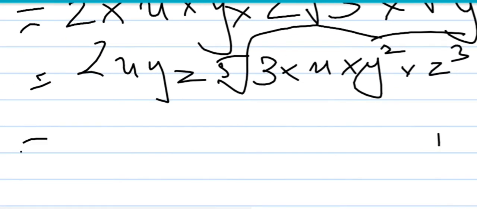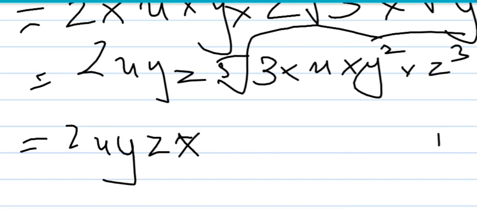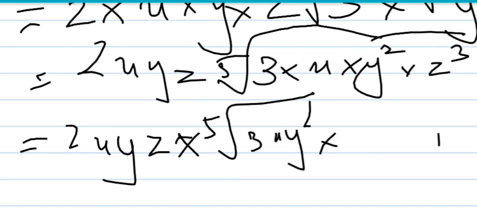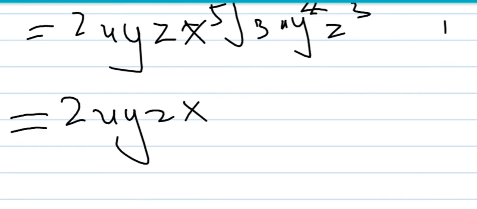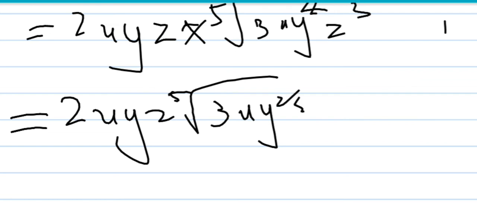Now it will become 2xyz multiply under root 5, 3xy square z cube. So 2xyz multiply fifth root of 3xy square z cube, and it is the answer.